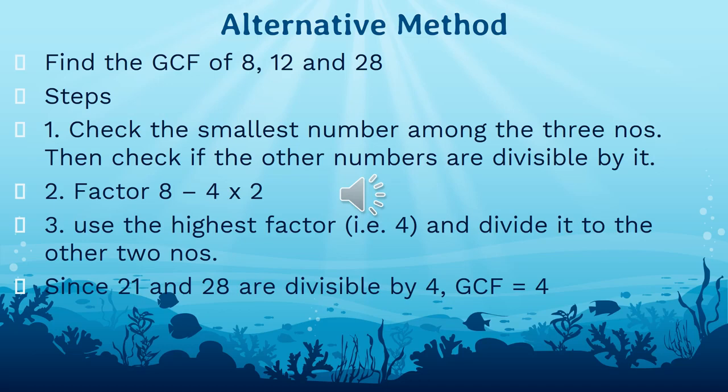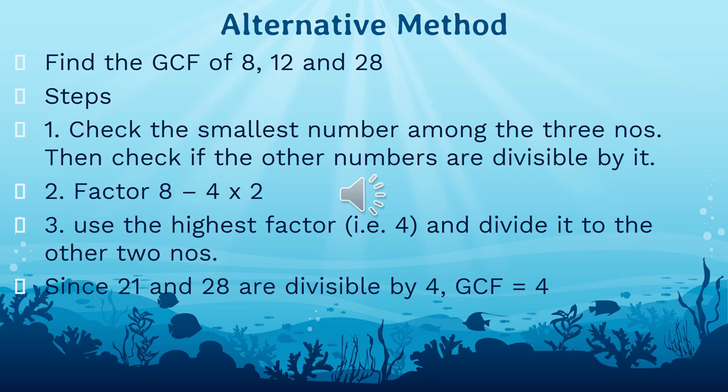First, we need to check the smallest among the 3 numbers, and that is 8. Next, we check the divisibility of the other 2 numbers by 8. Now, 12 and 28 are not divisible by 8. So we proceed to factoring, or to the factors of 8.